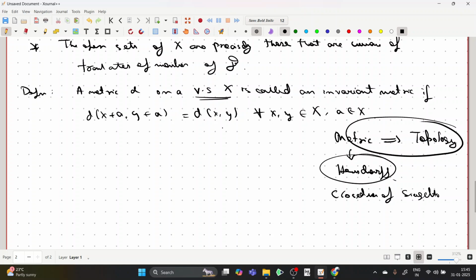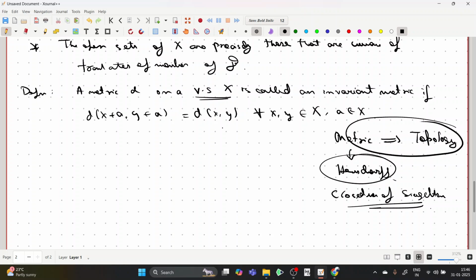So given a metric, you can try to induce a topological vector space where the topology is compatible with the metric. We will talk more about when a given topological vector space is metrizable. The other way around is sort of trivial, because given a metric, you can construct open balls and take that collection of open balls as a basis for a topology. This topology is induced by the metric, but the converse need not be true.